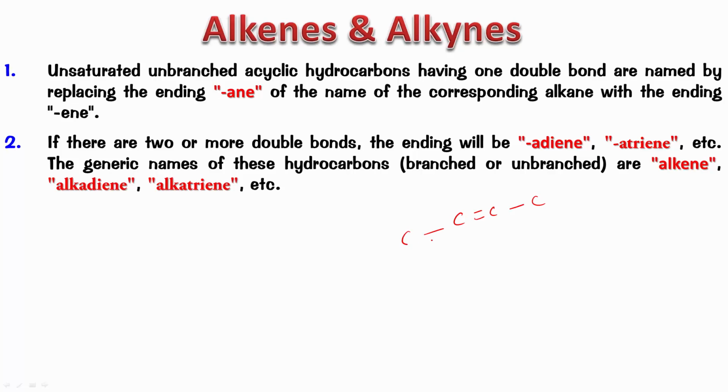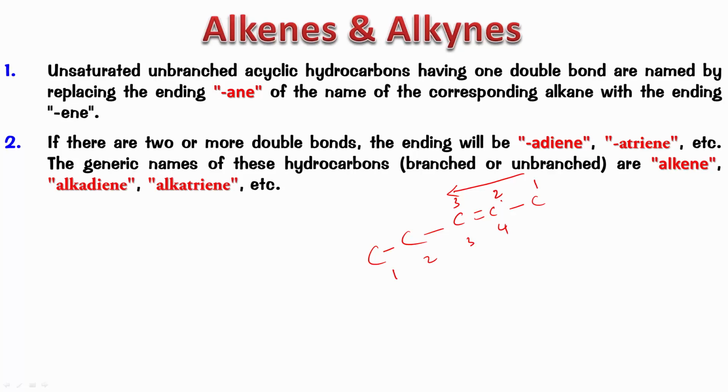So if you number from this end, the double bond is between 2 and 3. If you number from the other end, it comes between 3 and 4. So we will number it from the right side in this particular case so that we get the lowest number for the double bond.